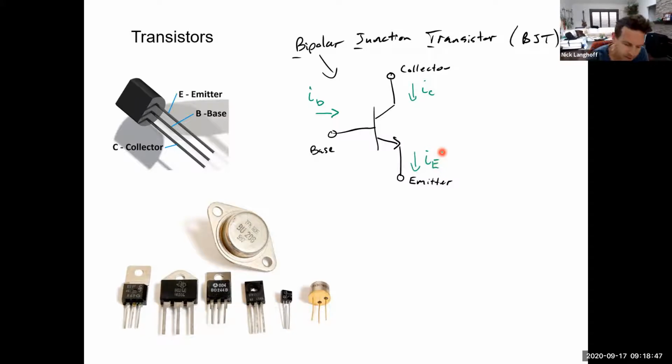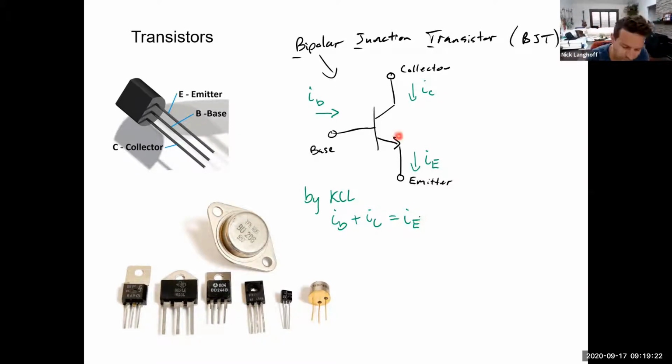And by KCL, the sum of the currents in and out of this junction will always equal 0. The base current and the collector current are both pointing into the junction, and the emitter current is pointing out of the junction. So we can just move it over onto the other side: the base current plus the collector current is equal to the emitter current.